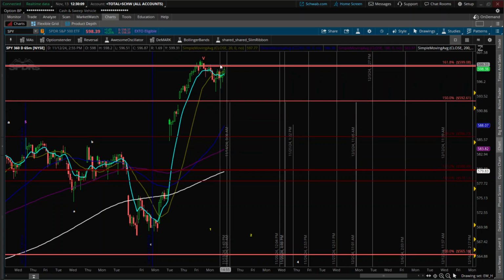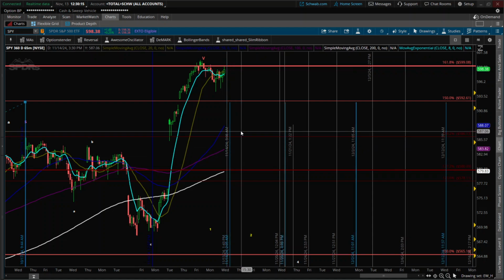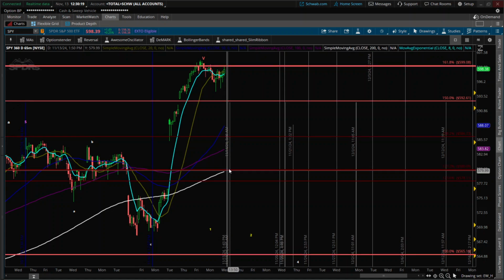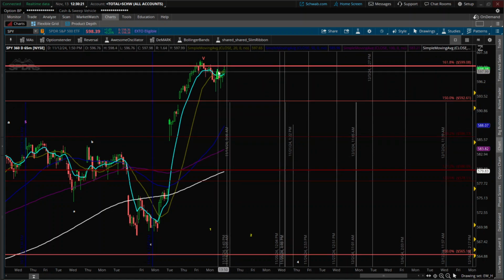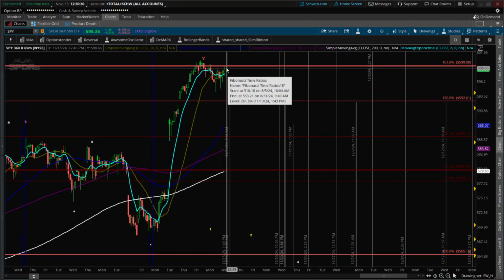So we're looking for something to happen. This might be considered a top today. Tomorrow might be considered a bottom, if the move is large and gets down to the 580 area. So with price being up here at this point, today could be considered a top. So that's what we'll be looking for with this time price relationship.